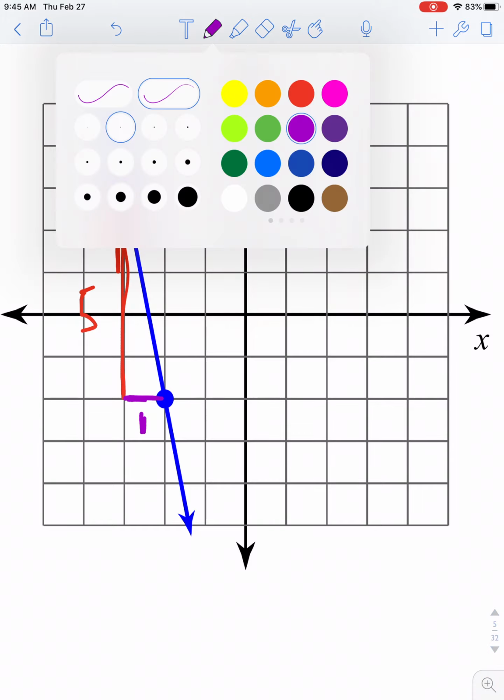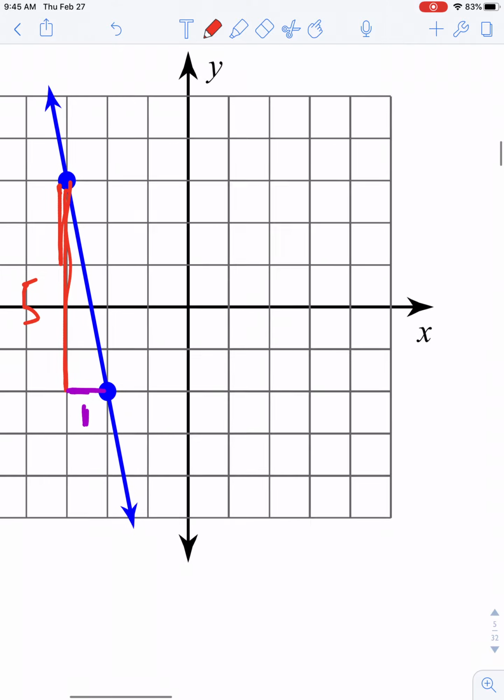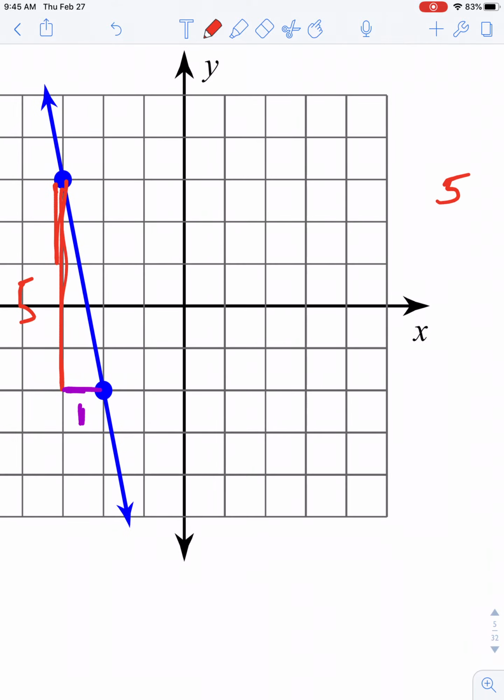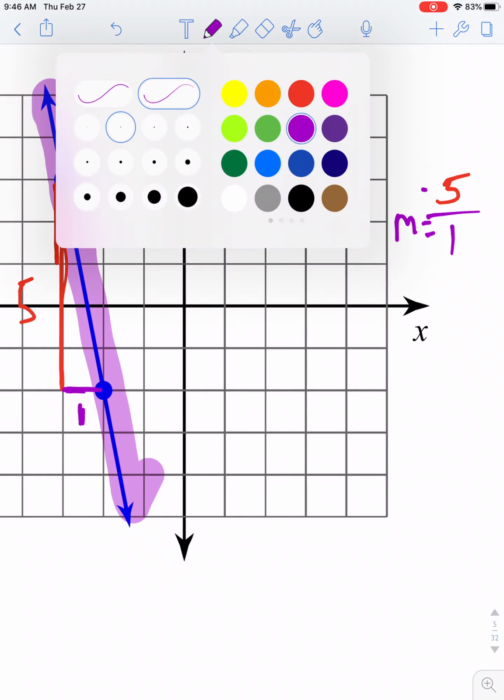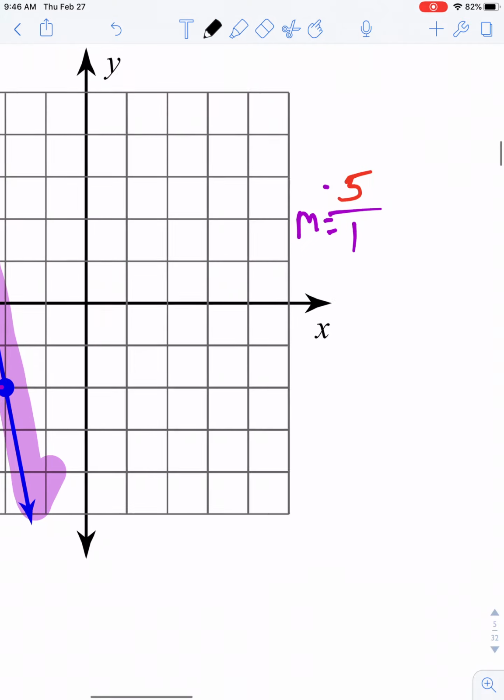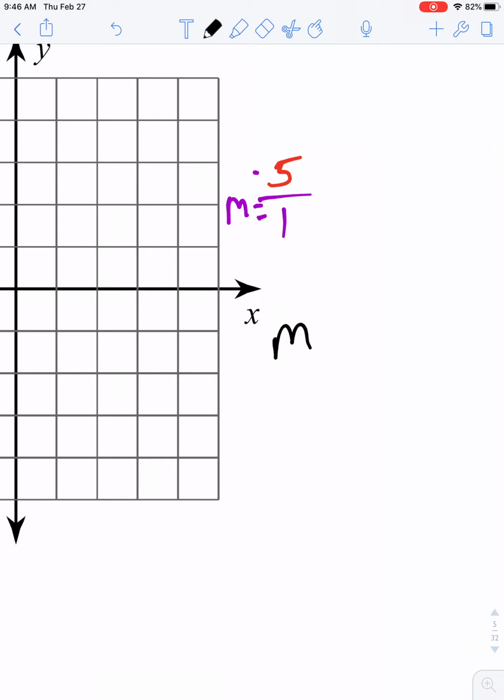And so we have a rise of 5, a run of 1, and again, from left to right, start at the left side, follow the line. It's going down, so our slope is negative. So slope is equal to negative 5 over 1, which if you reduce is simply negative 5.